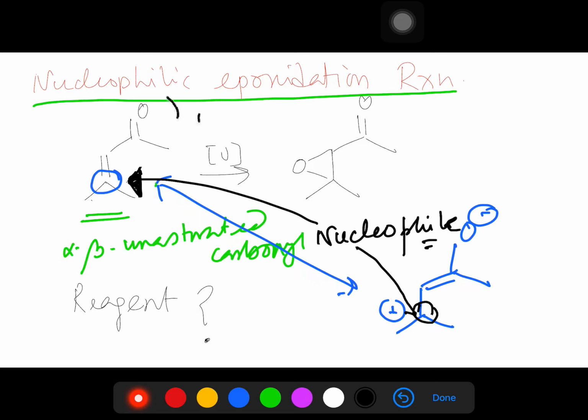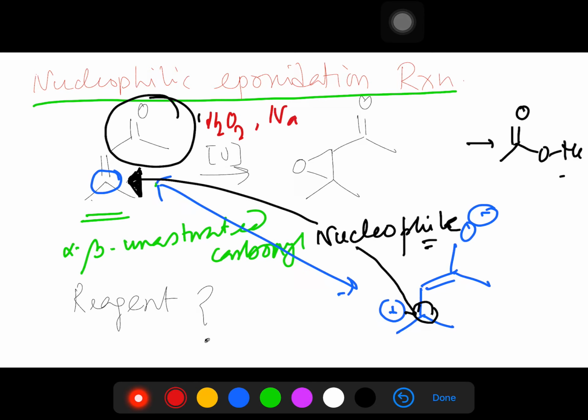And second, there is a ketone, so there is a chance of oxidation into an ester using MCPBA. I have discussed that in another video. So what is the option? In this case, the proper choice of reagent is hydrogen peroxide and sodium hydroxide.